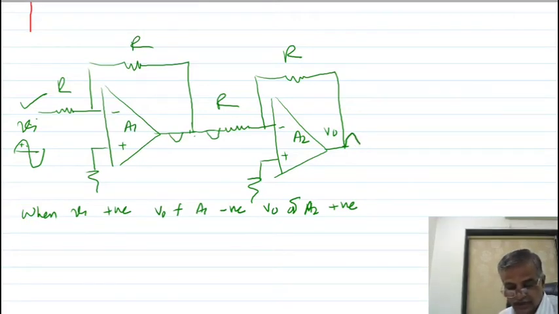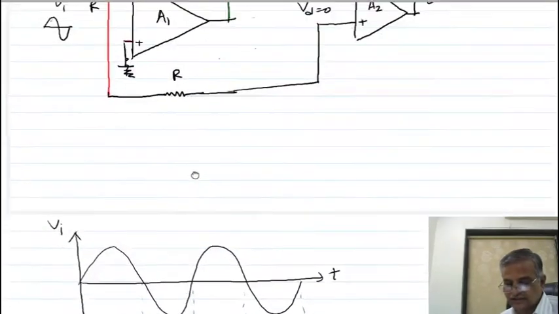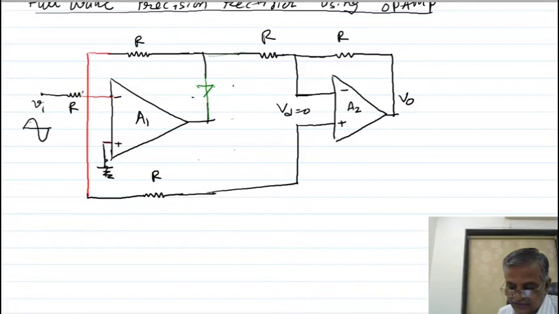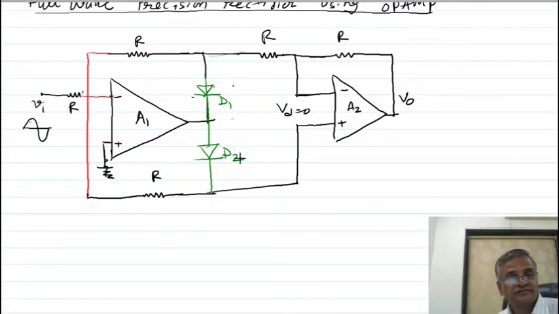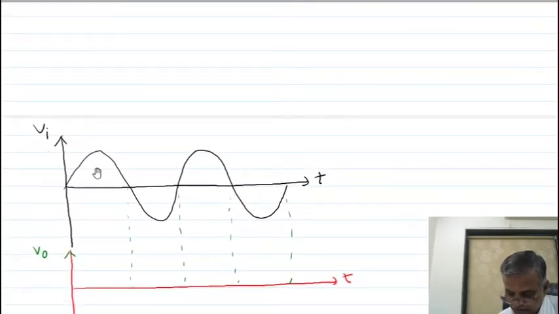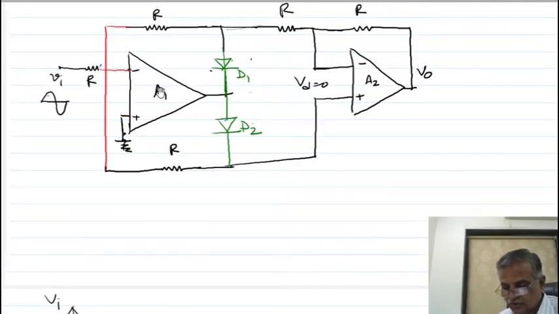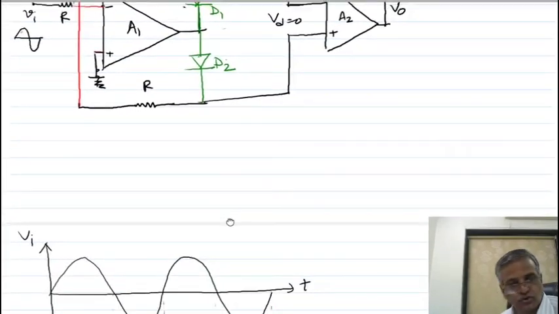So for a positive half, this circuit works as a two-stage inverter, and during the positive half you will get a positive output. During the positive half of the input signal, this is short circuited and this is open circuited, so this works as a two-stage inverter that I have shown you.